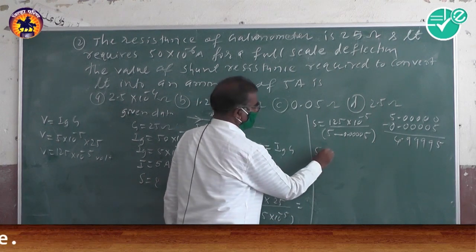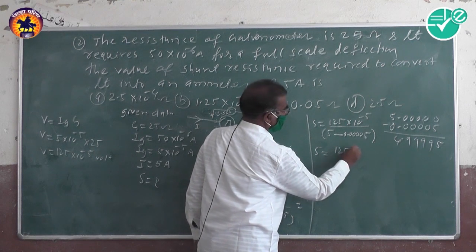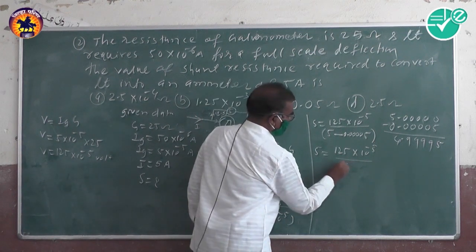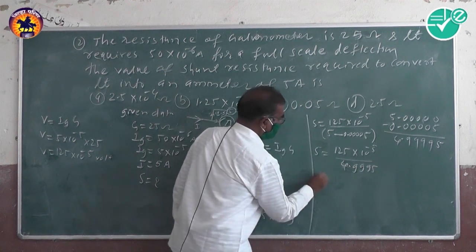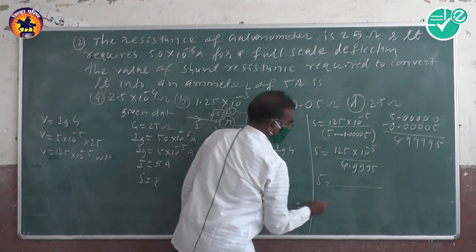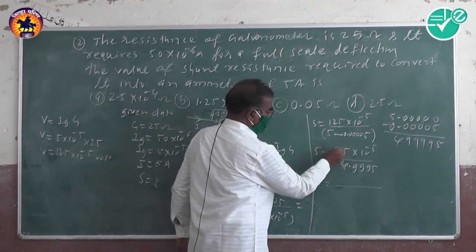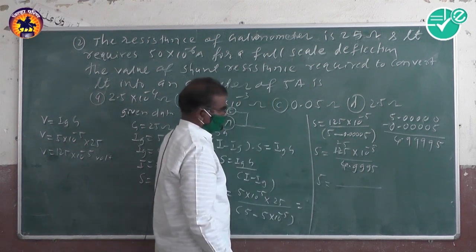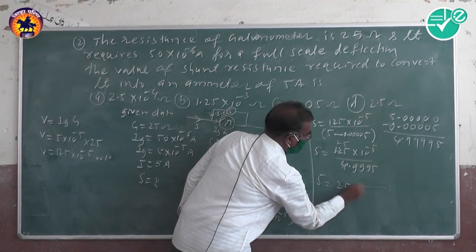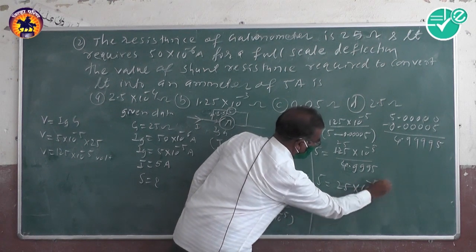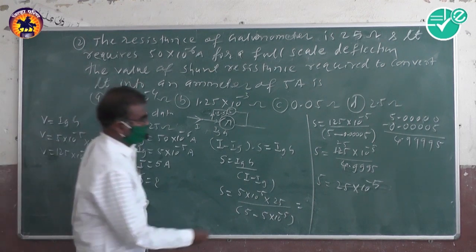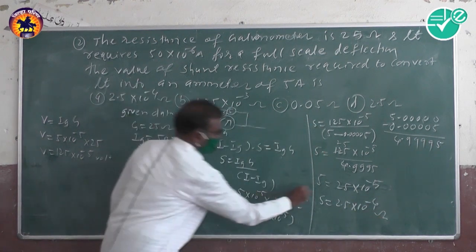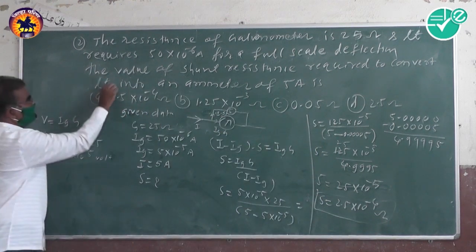That is S equal to 125 into 10 raised to minus 5 divided by 4.999, approximately 5. So S equal to 25 into 10 raised to minus 5, that is S equal to 2.5 into 10 raised to minus 4 ohm. The multiple choice A is correct.